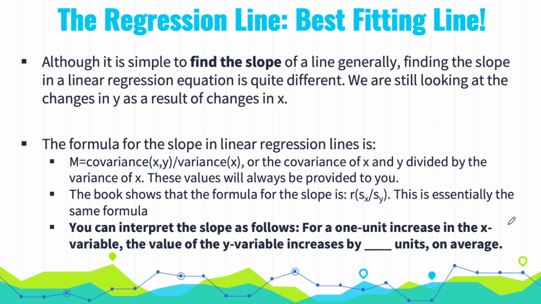However, for the purposes of your exam, you will be given the slope and asked to interpret. So you will be given that slope or coefficient value from Stata, and you will be expected to report this sentence: for a 1-unit increase in the x variable, the value of the y variable increases by, and here's where you put in your coefficient or slope, blank units on average.